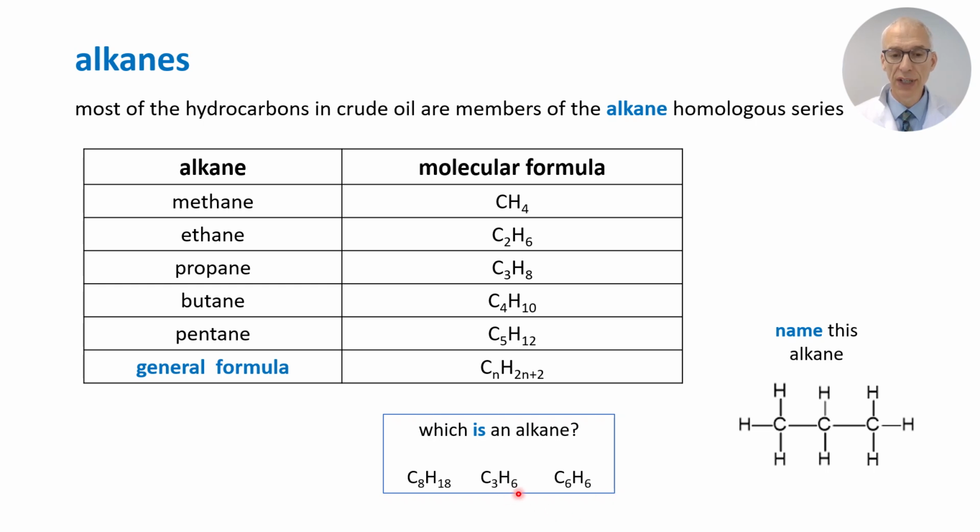Okay, well, C3H6 is not an alkane. It doesn't follow this general formula. C6H6 is not an alkane. It doesn't follow this general formula. But 2 times 8 plus 2 is 18. So C8H18 follows this formula. C8H18 happens to be called octane, and is an alkane.